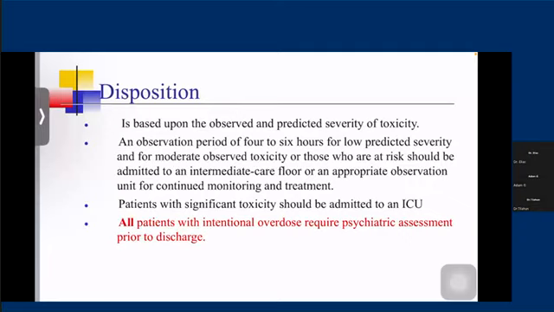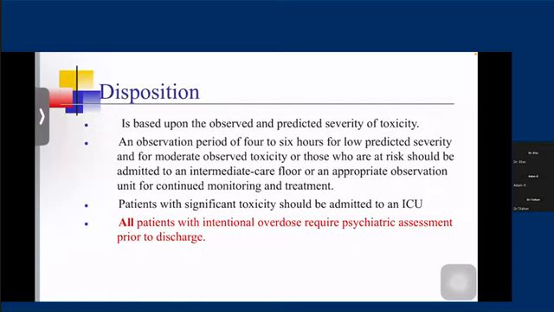But for those with moderate toxicity, those patients should be admitted to an intermediate ward, or kept in emergency and followed for a few days, and if there is no complication, they can be discharged. But those patients with significant toxicity should be admitted to ICU.